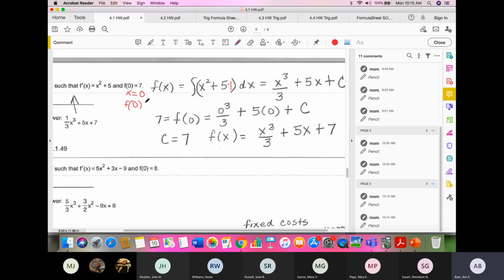So that stands for y. This is a y coordinate right here. That is our y. Just so everybody's clear. So our 7 is our y.